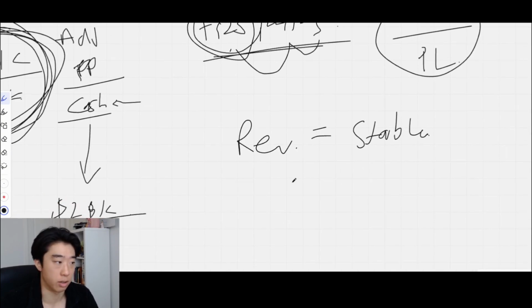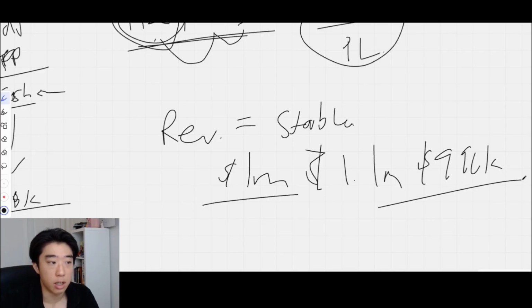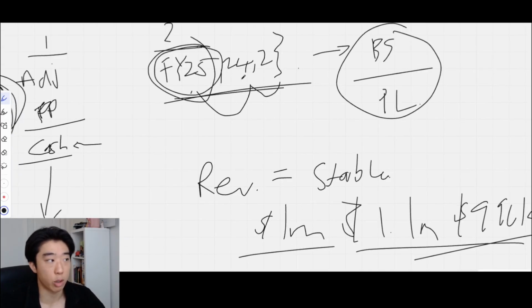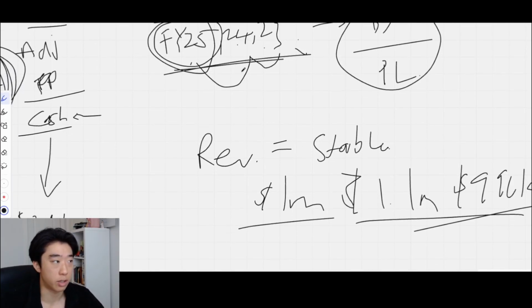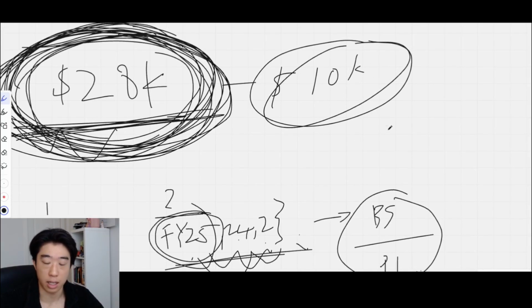Stable and consistent. So it's doing $1 million this year, and 1.1 the year before, and the year before it was doing 990. We can see that it's pretty consistent. So we can assume, without looking at 24, 23, 22, that every year it's going to be about 10K.